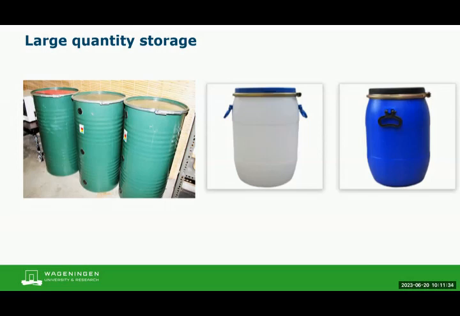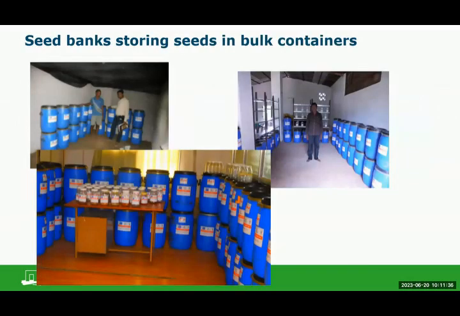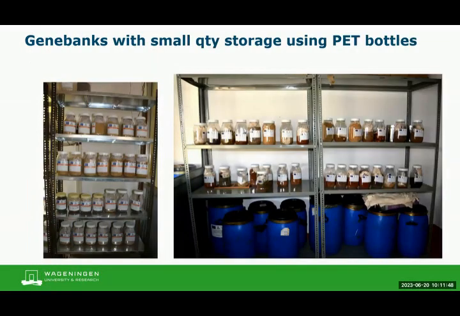So these are the different kinds of containers, and this picture also shows a real life community seed bank where they are storing the seeds in bigger containers as well as smaller containers. So these are some more examples from India where the seeds are being stored within community seed banks in larger quantities and smaller quantities. And you can see that all these small bottles have cloth bags with desiccants inside.